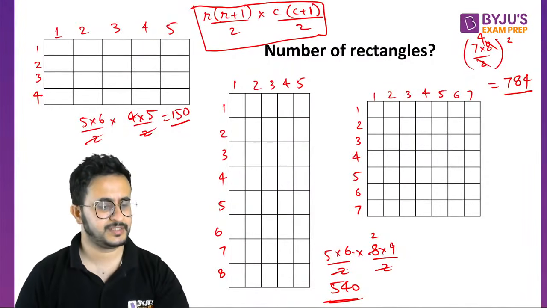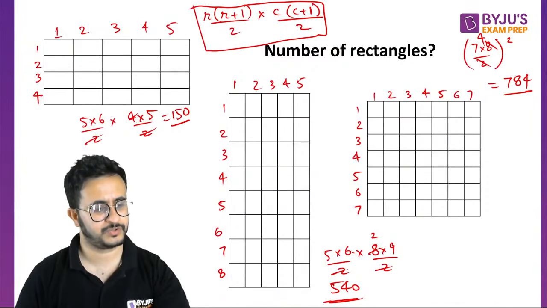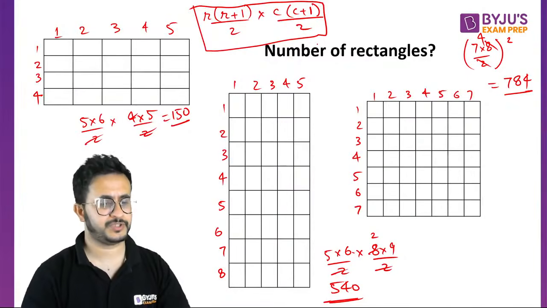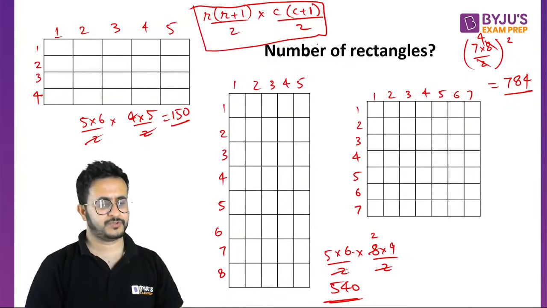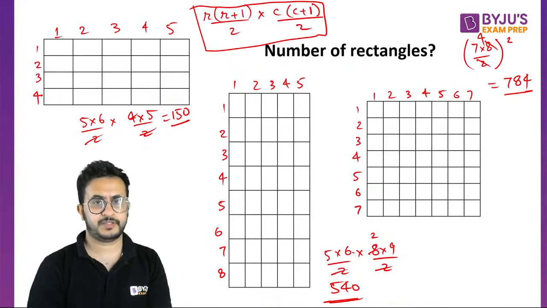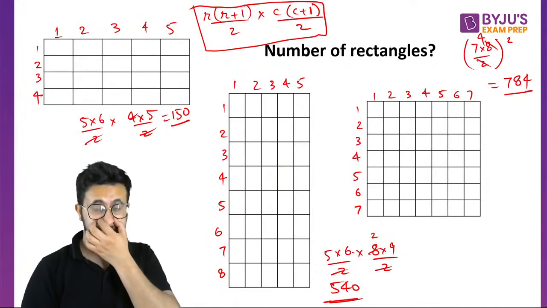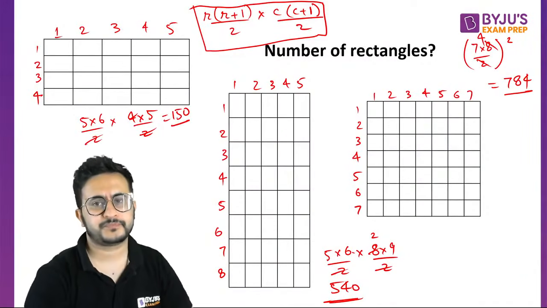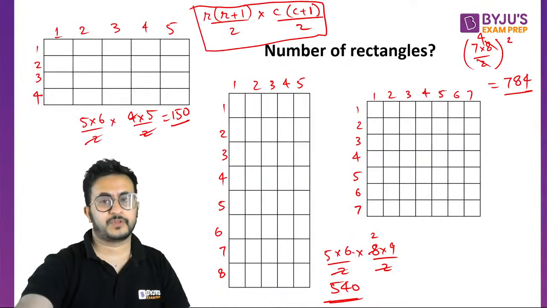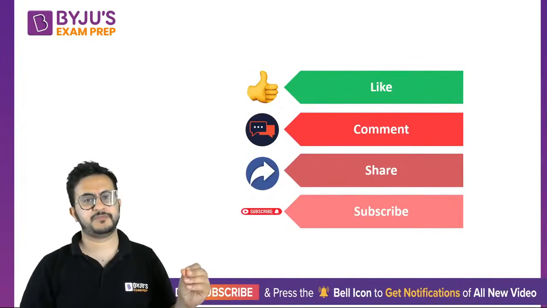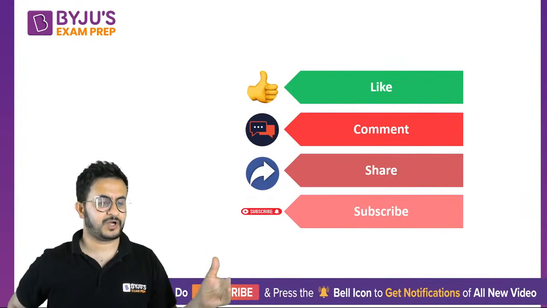So counting rectangles is just simple: r into r plus 1 by 2 into c into c plus 1 by 2. You must have learned this in permutations and combinations also. So these are the different forms in which figures can be asked to count.